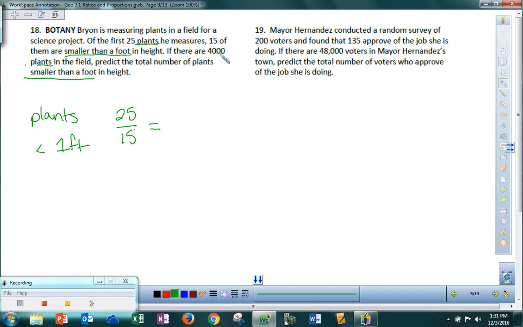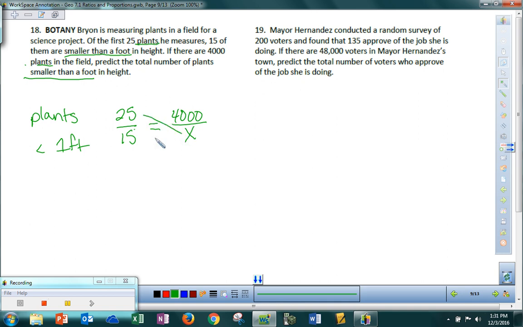The total number of plants in our next set was 4,000, so that will go on top. And we want to know what was the number of plants smaller than a foot. On bottom, we want to know, so we'll put a variable there as x. Now it becomes a proportion that we can go solve for x.